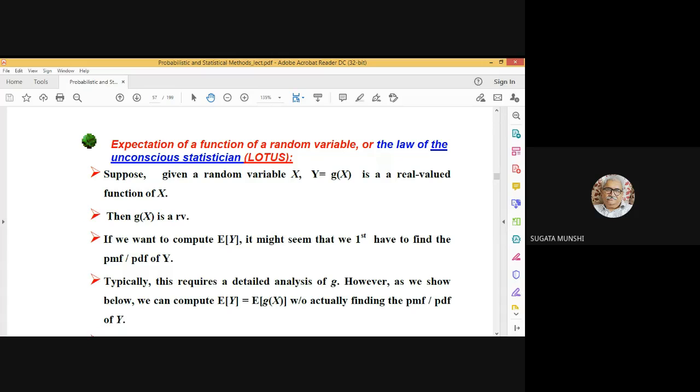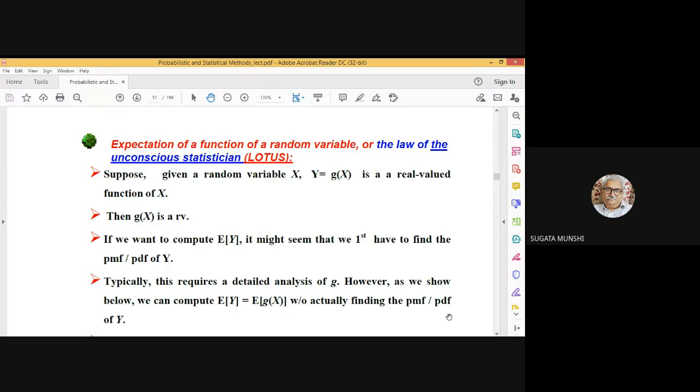Because g(x) is another random variable, one possible answer may be that we have to first find out the density function of g(x) from a knowledge of the density function of x. So once the density function of g(x) is obtained, or if it is a discrete random variable, if the probability mass function of g(x) is obtained, then you can easily find out the expectation using the standard formula for expectation.